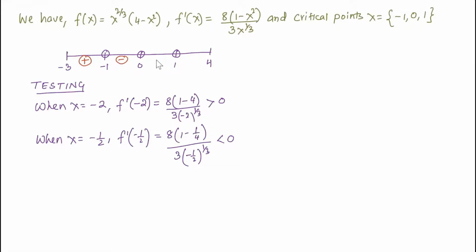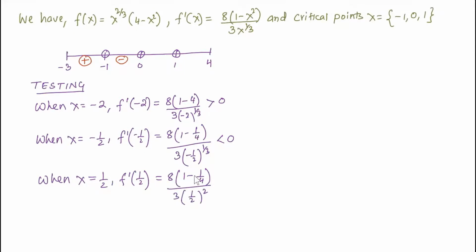Here you have to plug in half. When x is equal to half, then the first derivative at half is, if you plug in half, it will be 8 multiplied to 1 minus 1/4, because half squared is 1/4, over 3 times half raised to 1/3.